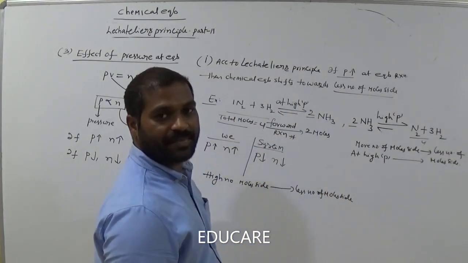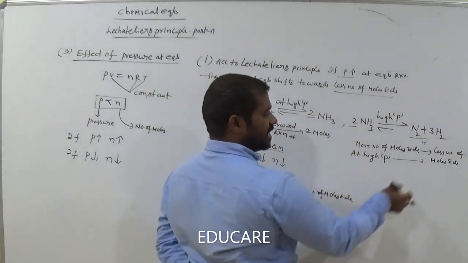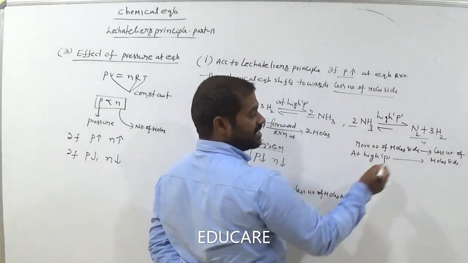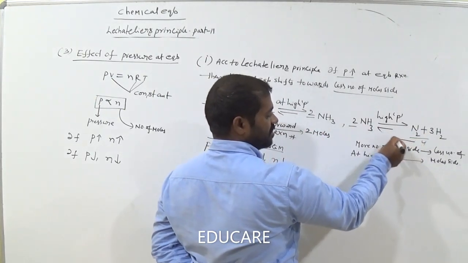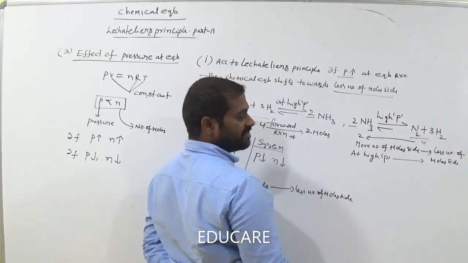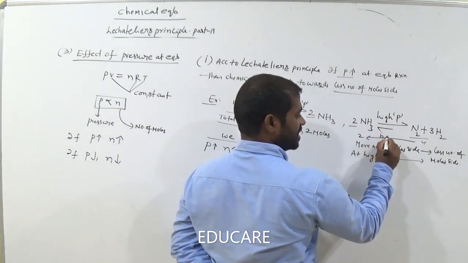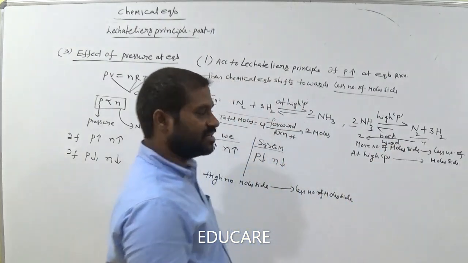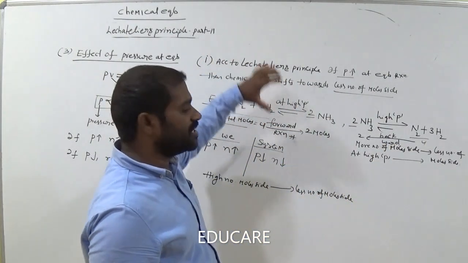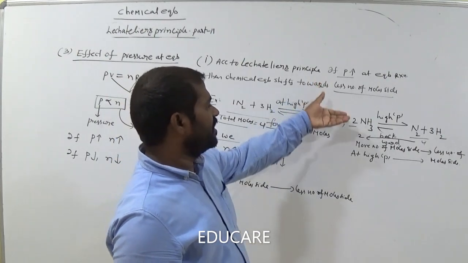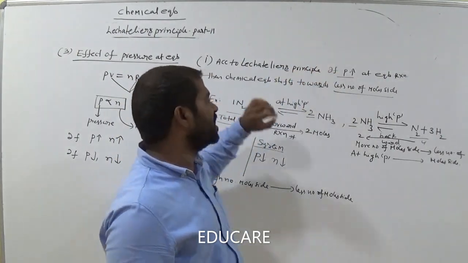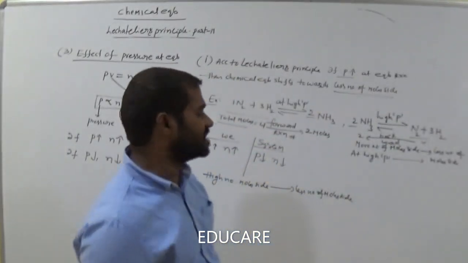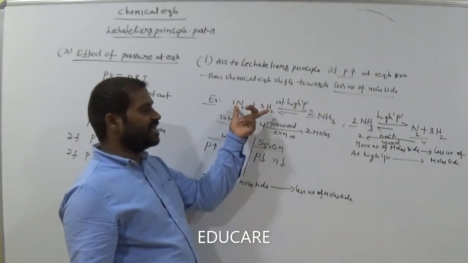At high pressure, what happened in this reaction? The reaction moves towards the less number of moles side, from high number of moles to less number of moles. That means the backward direction. According to Le Chatelier's principle, at high pressure the equilibrium position shifts towards the less number of moles side.